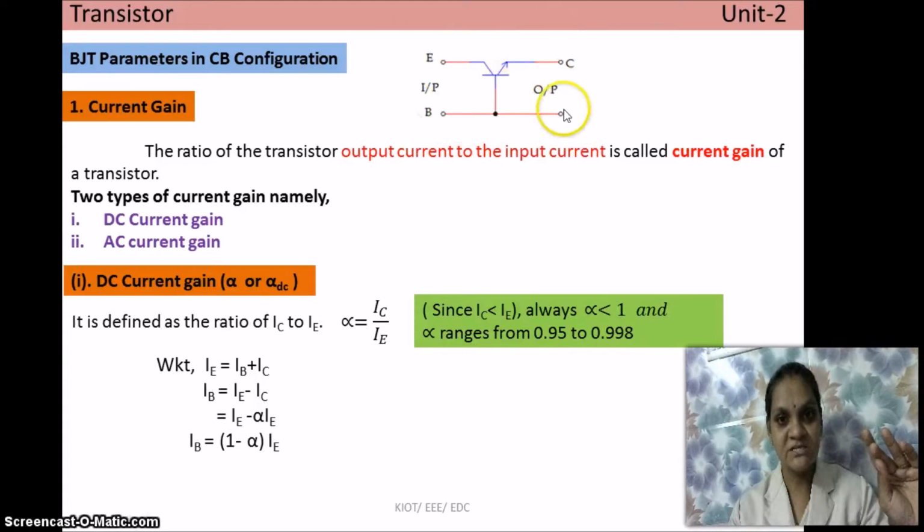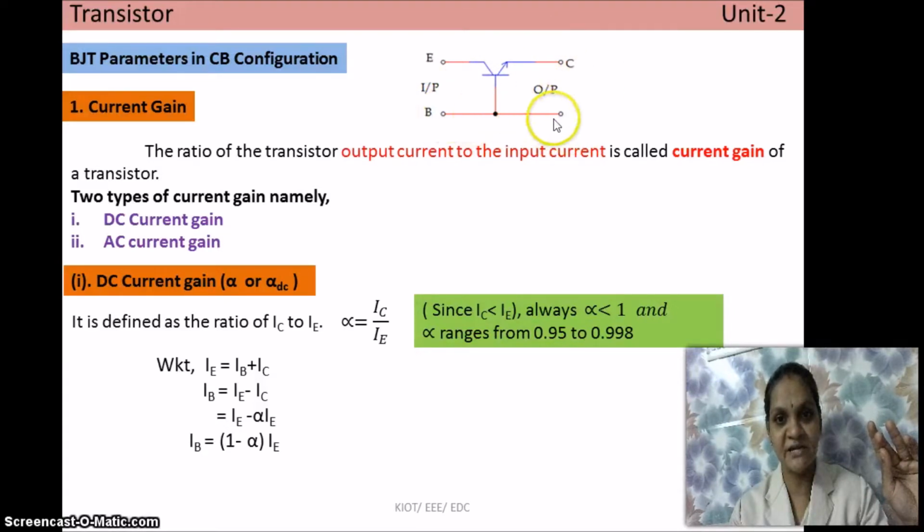See here, this is the base terminal, the input side is on the left and the output is on the right side. As I already told you, the emitter and the collector terminals are always opposite to each other. So we can say the input is applied between the emitter and the base terminal, and the output is taken between the collector and the base terminal.